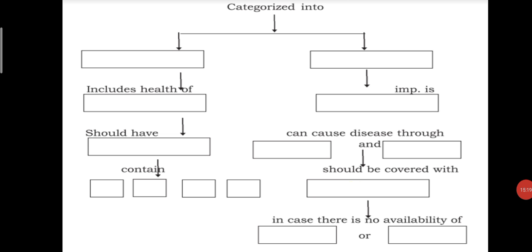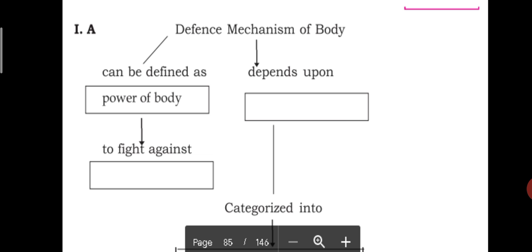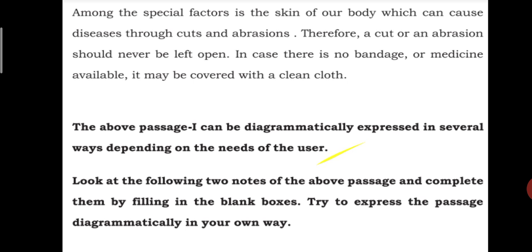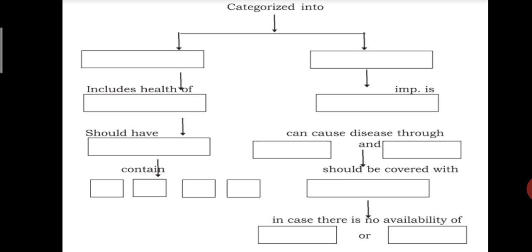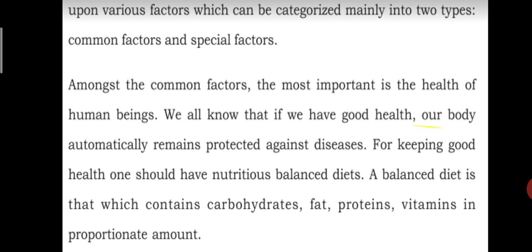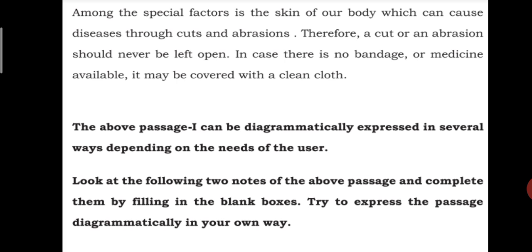Then the next, second paragraph you have to fill in. You have common factors and special factors, and among special factors, important is the skin of our body, which can cause diseases through cuts and abrasions. That also is important for the defense mechanism.